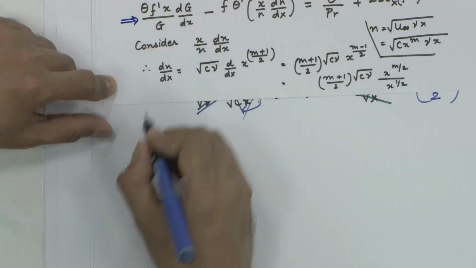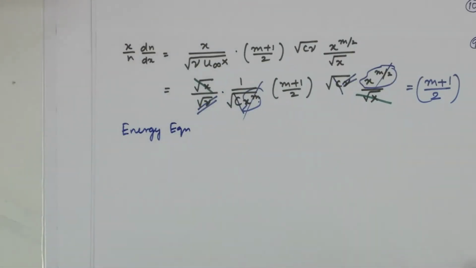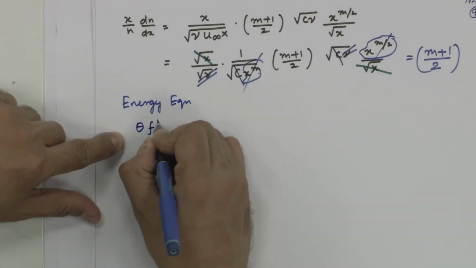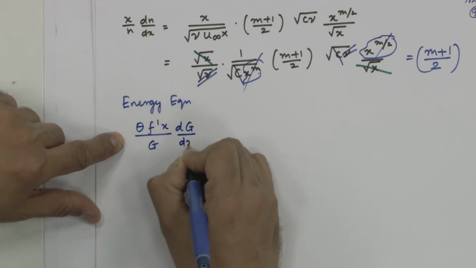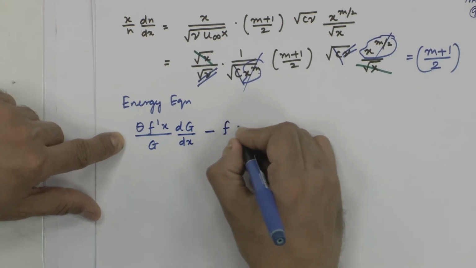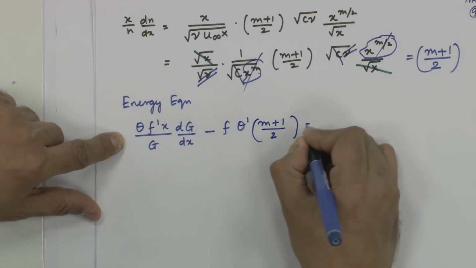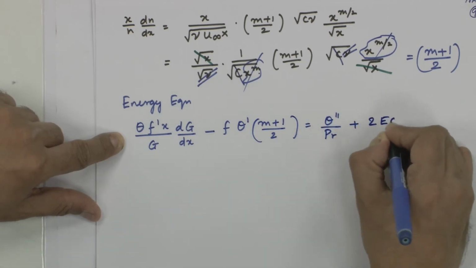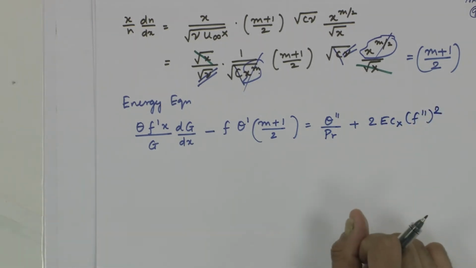So the energy equation therefore becomes theta f prime x by g dg by dx minus f theta prime m plus 1 by 2 is equal to theta double prime by Prandtl plus 2 times local Eckert number f double prime squared.